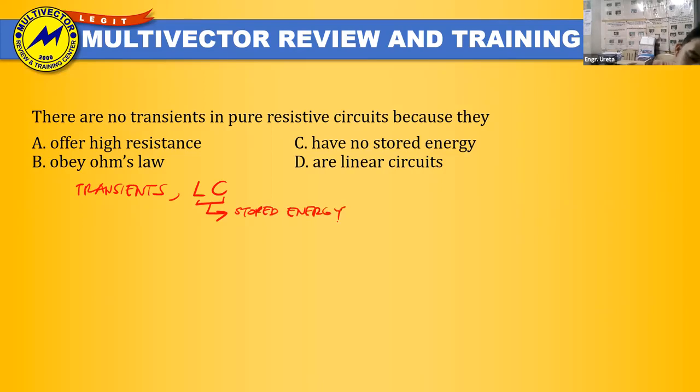Since our circuit is purely resistive, there is no L or C, so there is no transient because they don't have stored energy. So letter C.